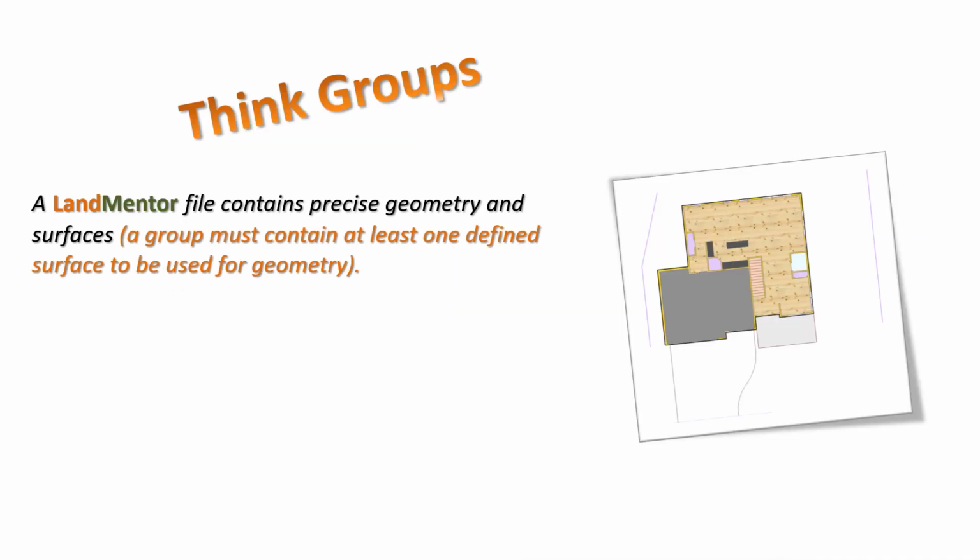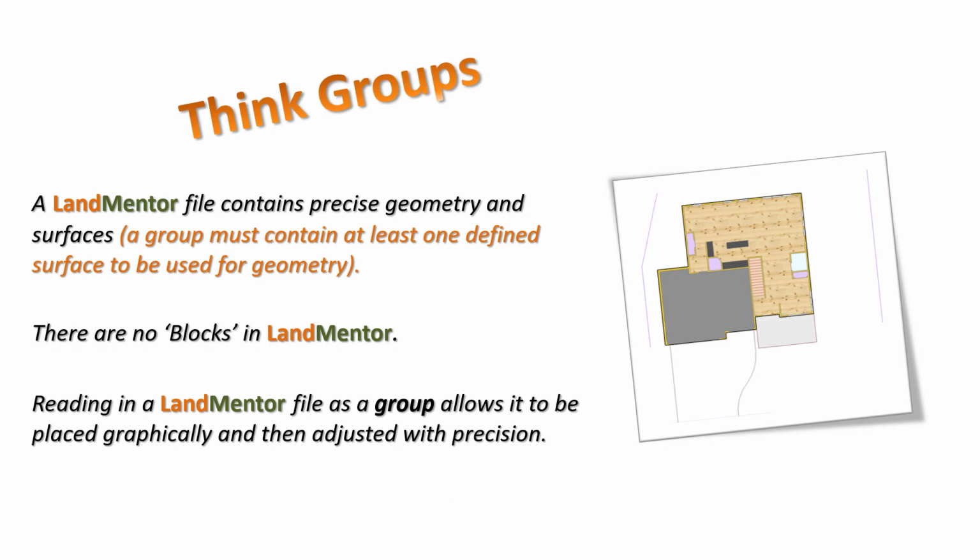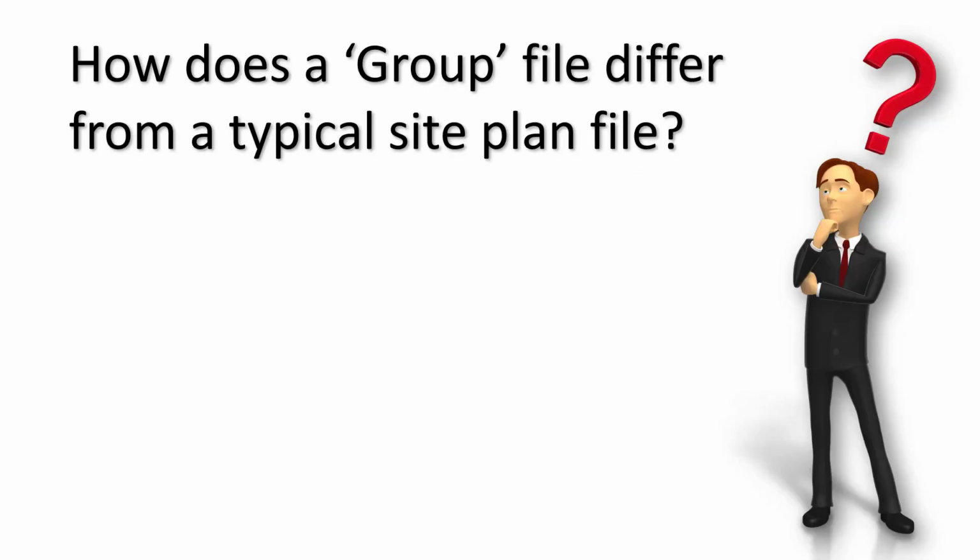So think of groups as a file that contains the precise geometry and the surface information. And again, in order to actually call up a group and use it, you need at least one surface defined in that group. So there are no blocks in LandMentor. It allows a precision plan to be placed with precision and then used in the geometry.